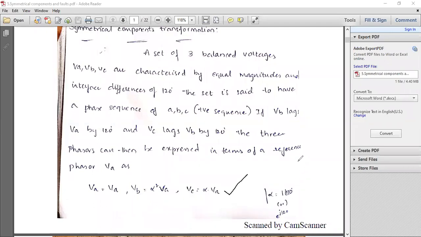Please try to remember that you can express this complex parameter as alpha, or in some textbooks as A. Whether it is A or alpha, the value of that particular parameter is 1 at an angle 120 degrees. And obviously we have discussed that it has some important properties.